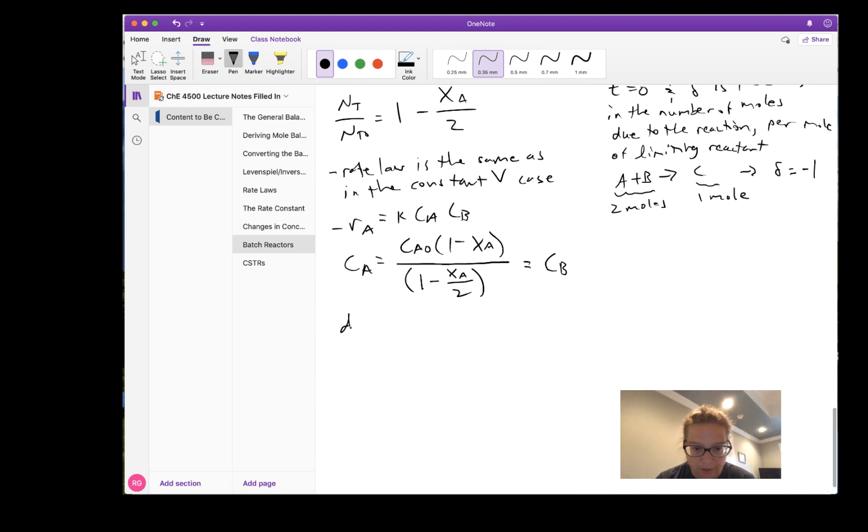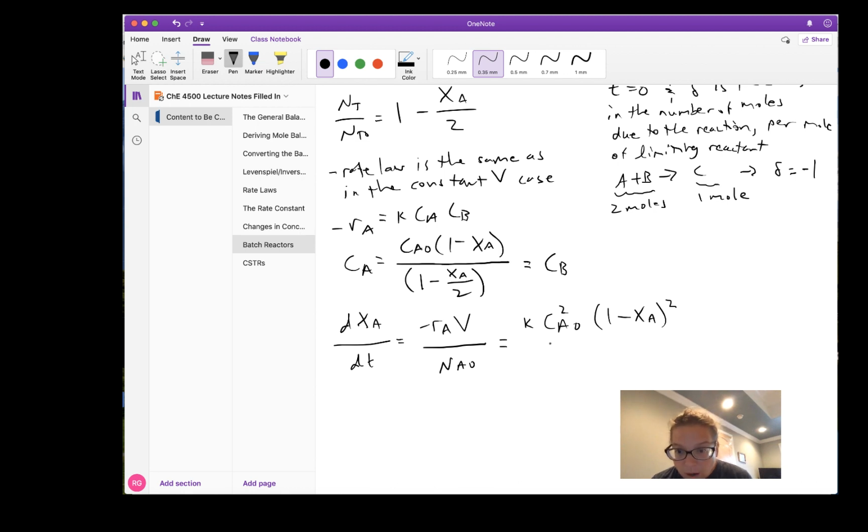Recalling, my mole balance looks like this: dXa dt is equal to minus RA V divided by NA naught, which is equal to K times CA naught squared times (1 minus XA) squared, times V, divided by (1 minus XA over 2) squared, times NA naught.